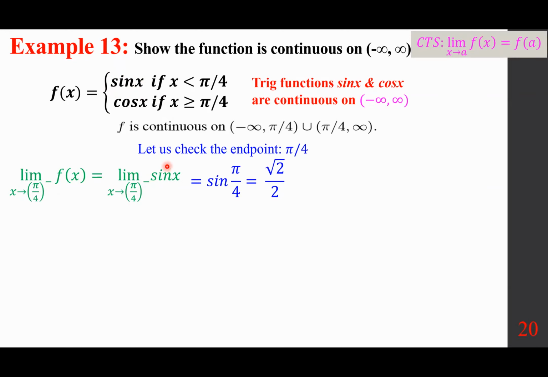The right-sided limit, we're going to do the same thing, but pi over 4 from the right. So pi over 4 from the right, we use the second piece, cosine x. So the limit of f of x as x approaches pi over 4 from the right uses the second piece, the limit of cosine x as x approaches pi over 4 from the right, which means cosine of pi over 4, and that is also square root of 2 over 2.